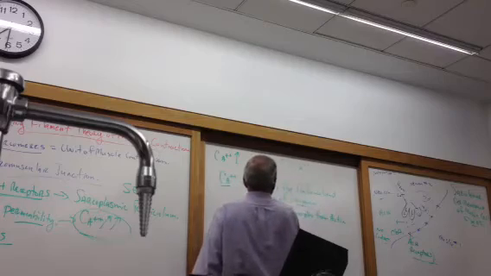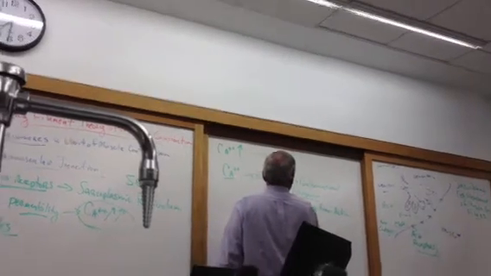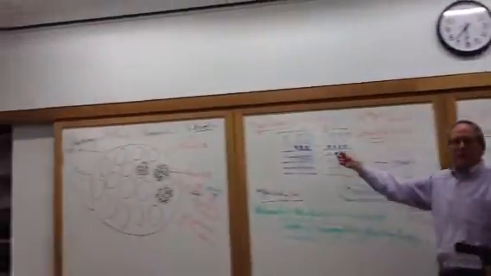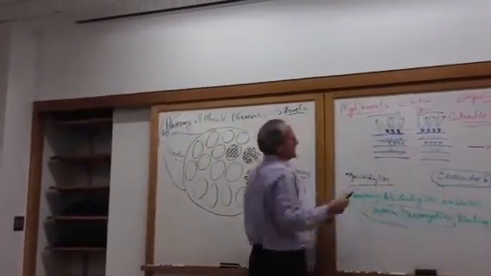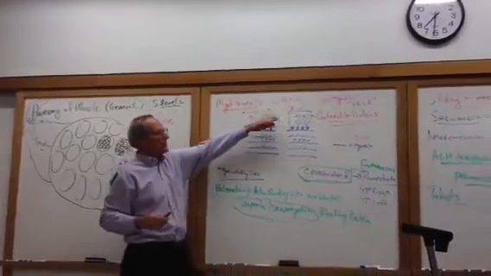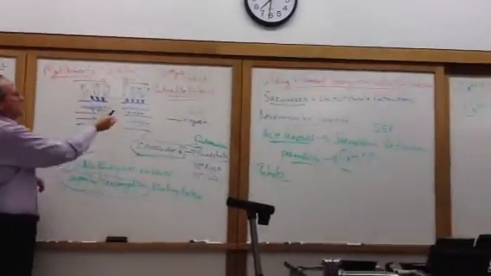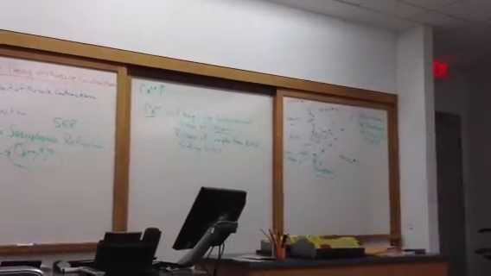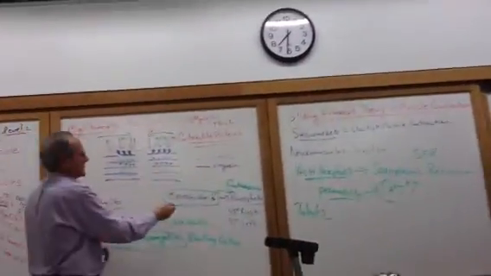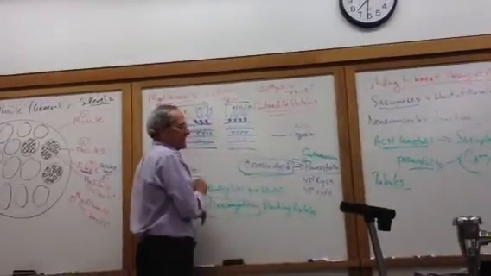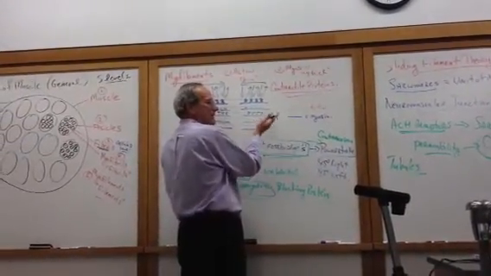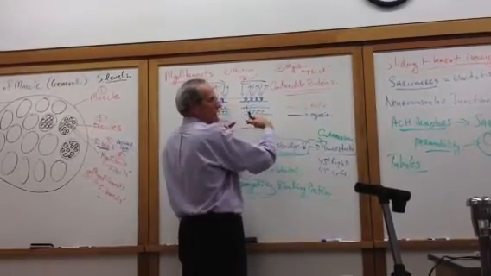And once this release occurs, then we're back to what we began talking about, right? Once the troponin tropomyosin complex is taken off the actin binding sites, then we can have the myosin heads click on to the actin binding sites. Once that occurs, we have the formation of the cross bridge, and then ultimately the power stroke goes 45 degrees left and right.